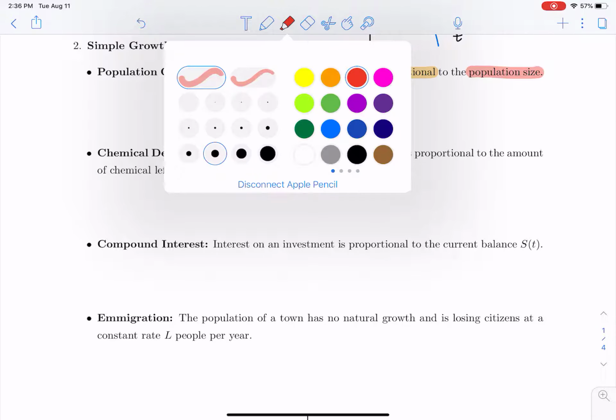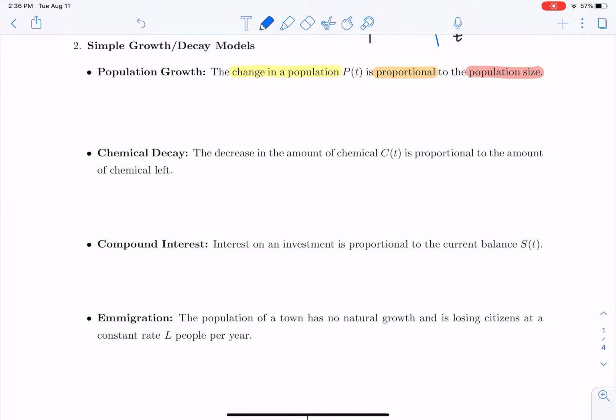Now, first of all, does this assumption make sense? Well, imagine we have a population of bacteria. Those bacteria divide. So the more bacteria that you have, when they divide, the more new bacteria that they make. So the change in population is proportional to the current size. Same thing works with people. The more people you have, the more reproduction that can happen, and so the more new people that you will end up with.